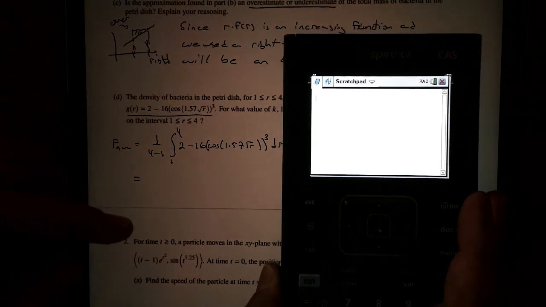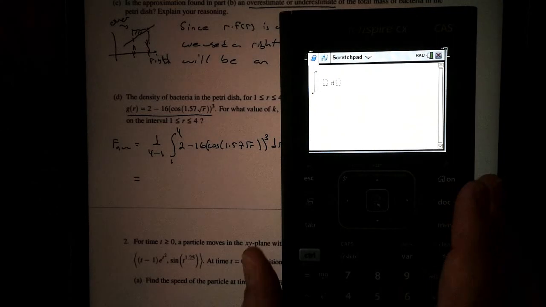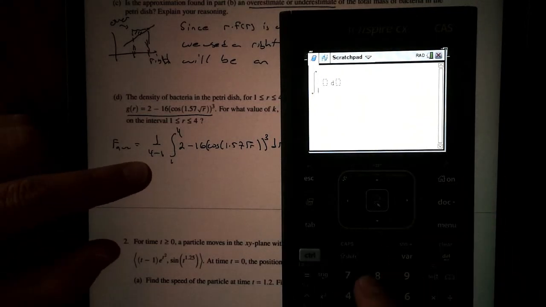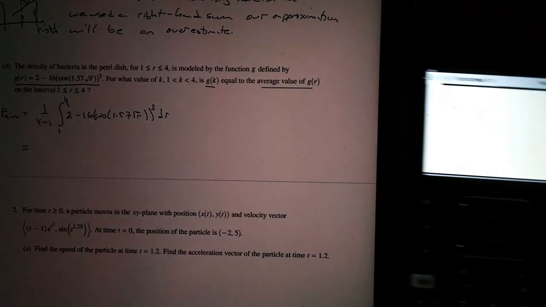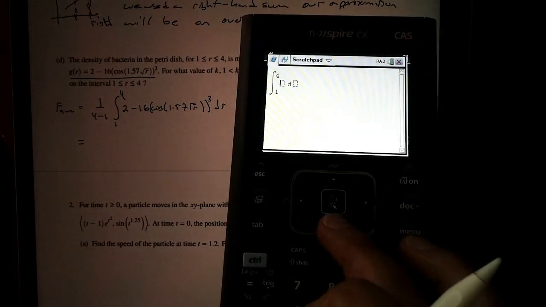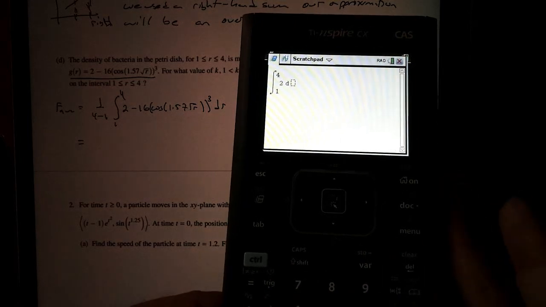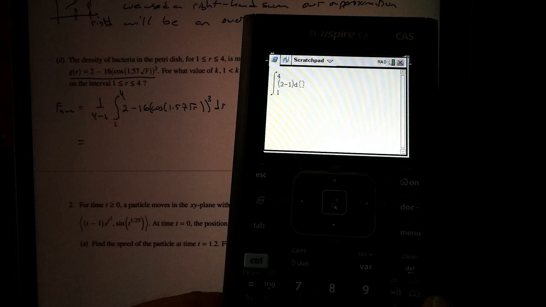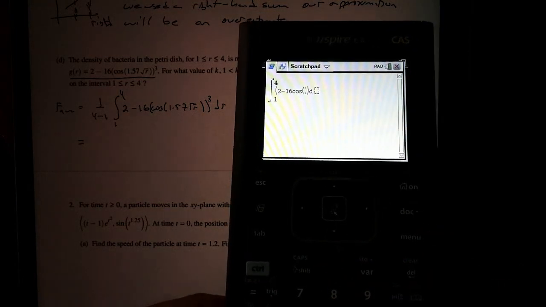Ready? Menu 4.3. I'm using the CAS; the CX does the same thing. We'll go from 1 to 4. There we go, 1 to 4. And when I type this in, it's going to be 2 minus 16 cosine.